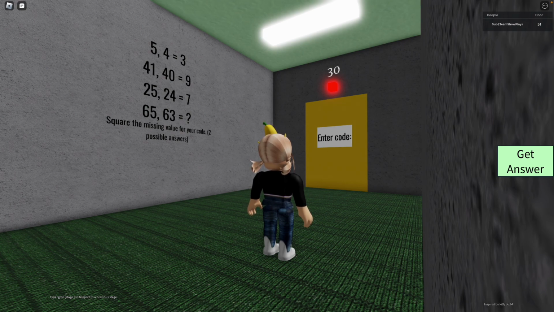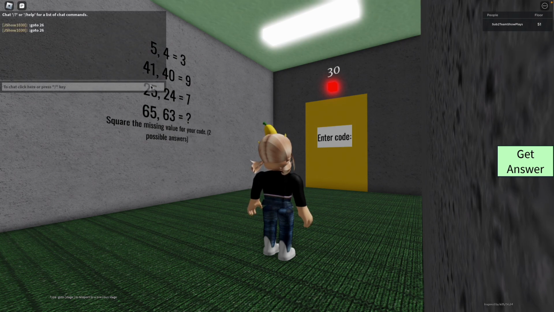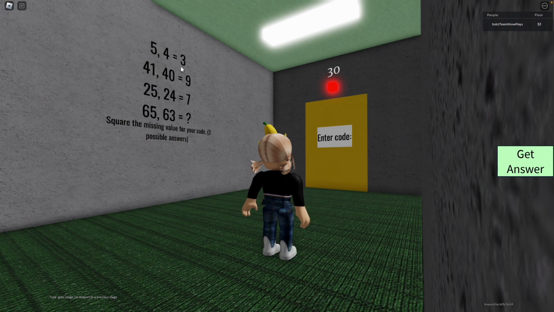So for number 30, these are square roots. So if you know square roots, the square root of 9 is actually 3, right? And then the square root of 81, which would be the next one. So that's the way that I got that is 41 plus 40 equals 81.